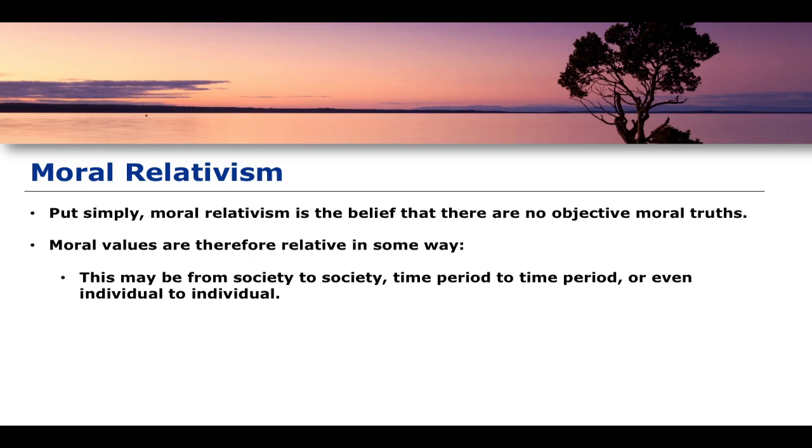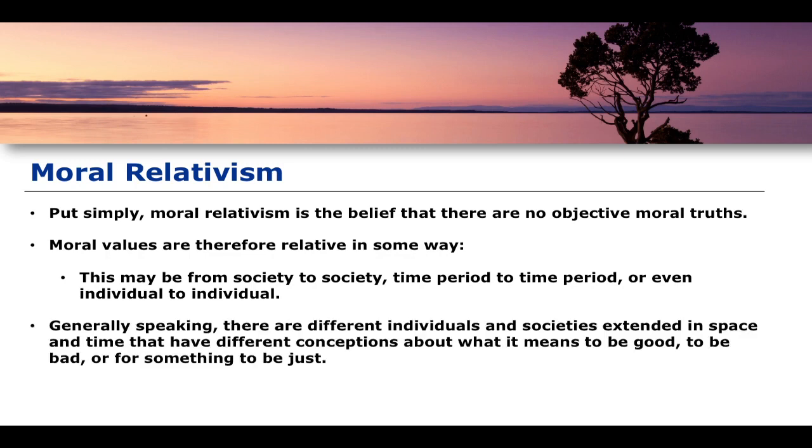These are the different ways in which we could suggest that morality is relative. Generally speaking, there are different individuals and societies extended in space and time, so there are different societies across the world, and different societies within history that have had different conceptions about what it means to be good, or bad, or moral, or immoral.